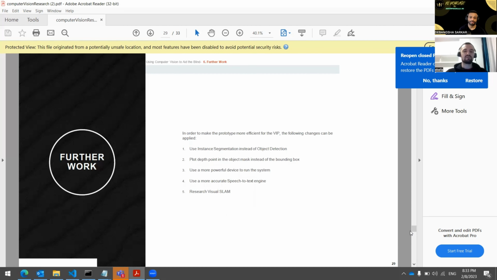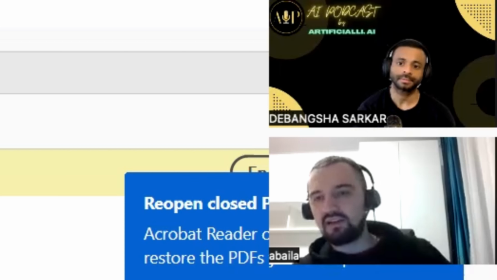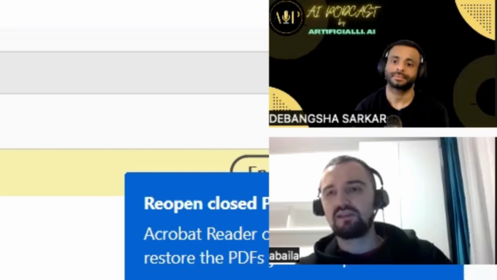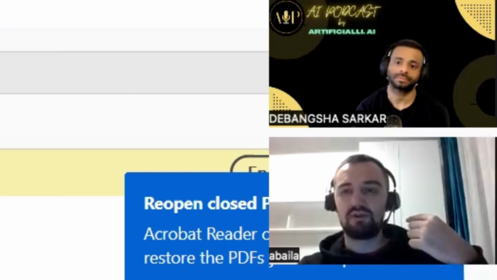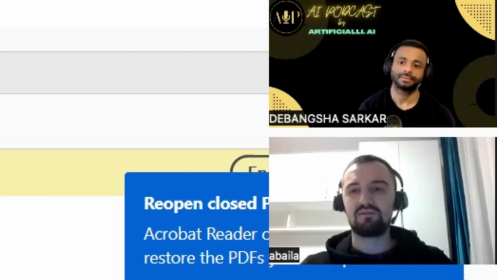I have used object detection, but I would have preferred to use instance segmentation, because there have been a couple of cases in which the object was located, and then, let's say, as you see me here, the camera would locate me as a person and draw the bounding box around me. But if I moved like that, the box would still be the same, but the depth point, which is the middle point, would be pointed towards the drawer behind me, and then the depth would be different.